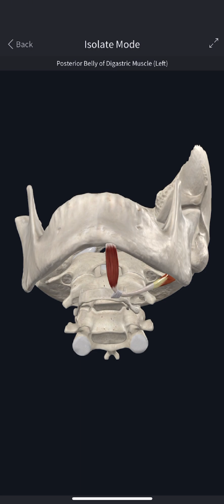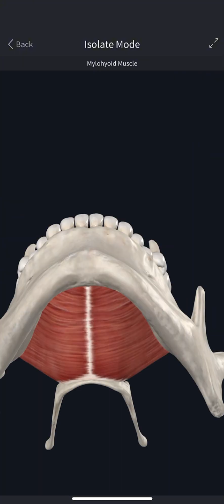After which we have the mylohyoid muscle, which is going to be originating on the mandible, and it inserts on the hyoid bone. The midline, which would be the white line visualized in the center, is going to be where the two muscles meet, and its action is to elevate the floor of the mouth, thereby pushing the tongue towards your palate.